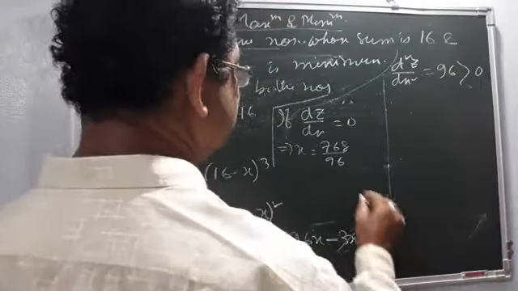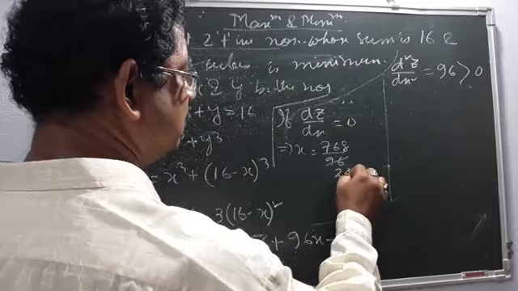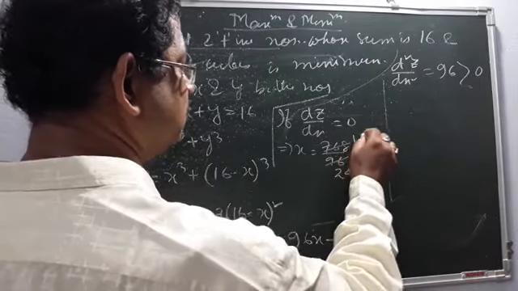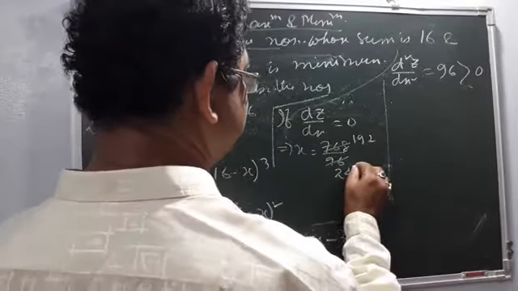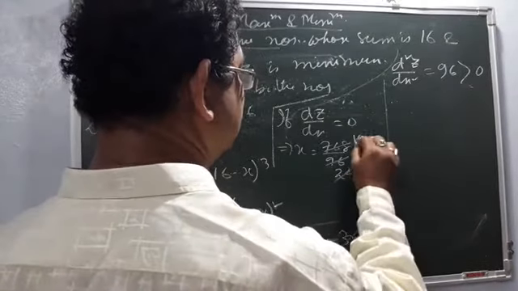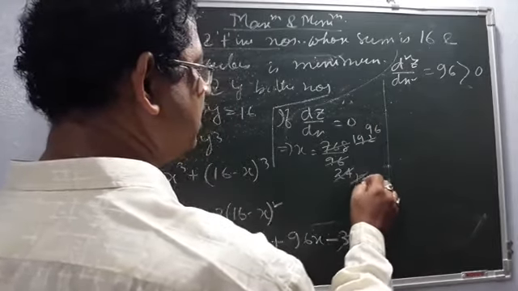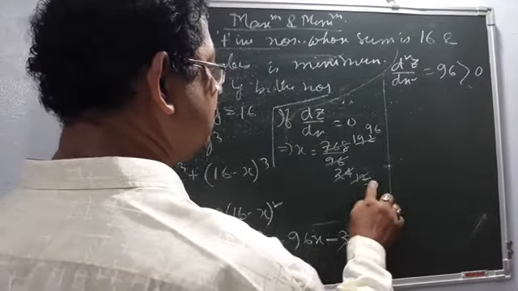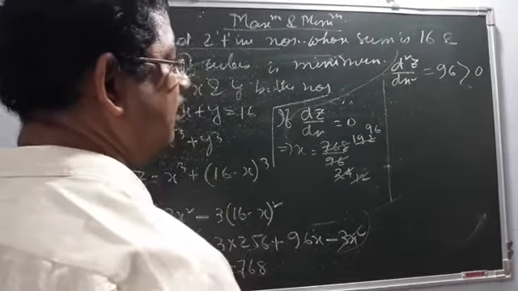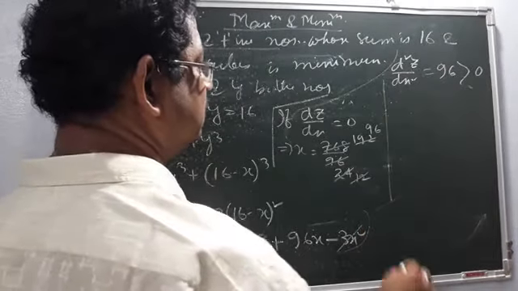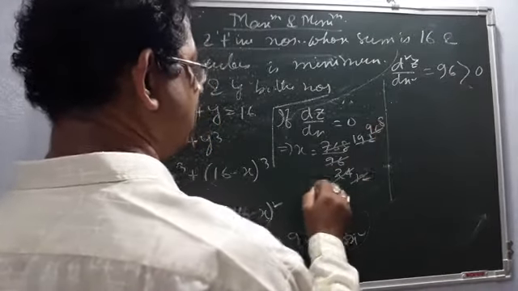Now we can cancel this by 4, and then again by 2, and again by 4, and the total thing reduces to 8.